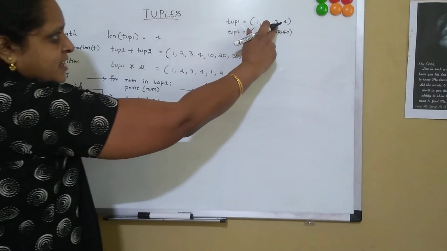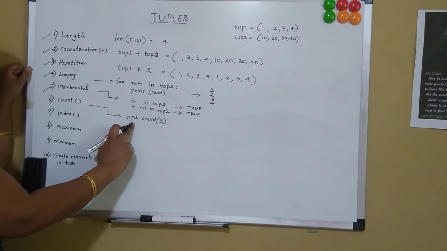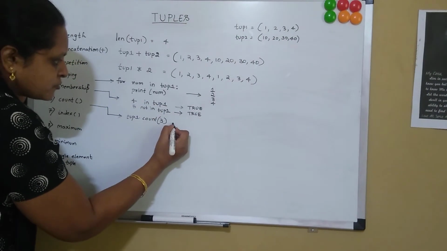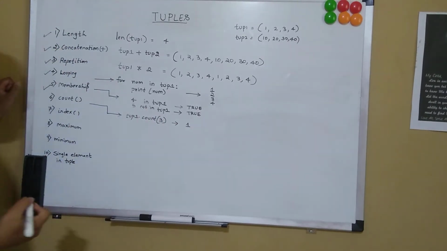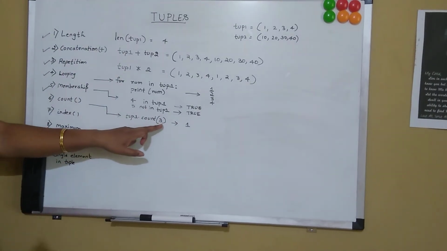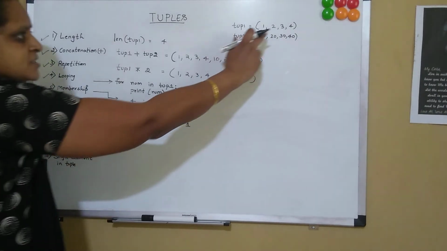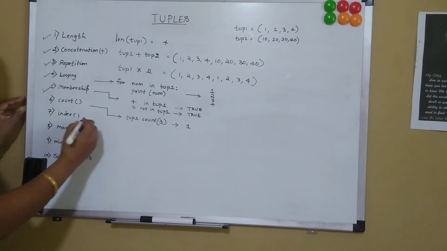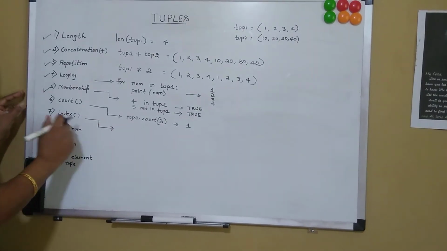Tuple can have duplicate values, so it will check how many times 3 is appearing in my tuple 1. In my case, it is appearing only once, so the count will return the value equal to 1. So tuple 1 dot count of the element 3 returns the value 1, because 3 is appearing only once in the tuple.